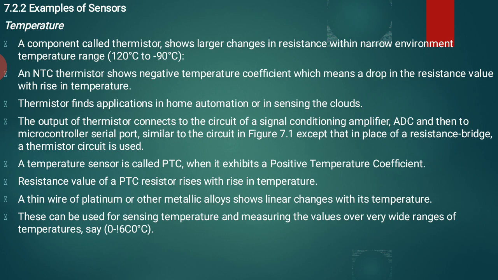Those components are thin wires of platinum or other metallic alloys. These can be used for sensing temperature and measuring values over very wide ranges of temperature, such as at 0 degrees Celsius.